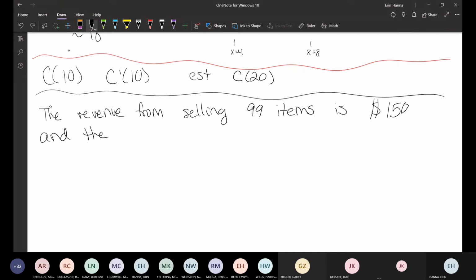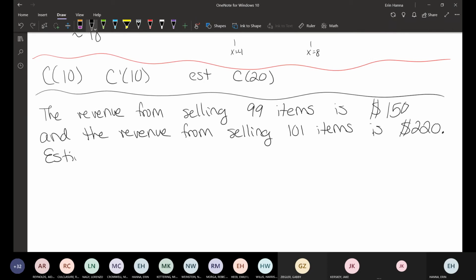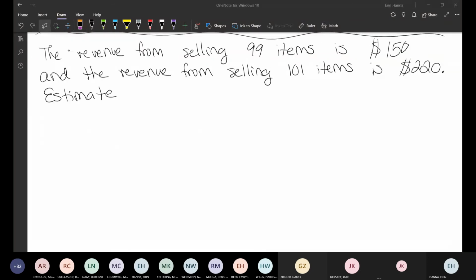And the revenue from selling 101 items is, I don't know, 220. Estimate the marginal revenue for 100 items.